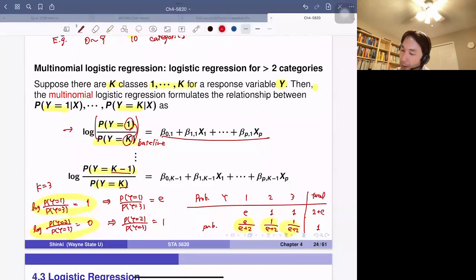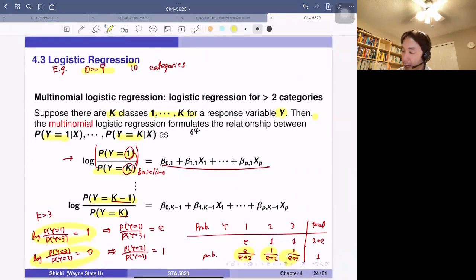For example, suppose we have maybe 64 predictors for a character recognition problem for numbers 0 to 9. How many parameters in total? I mean 10 categories and the 64 variables plus intercept.